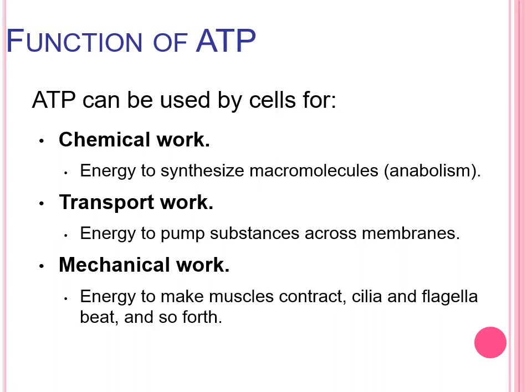The cilia are going to be involved in absorbing nutrients, for example, in the intestines, and so these are associated with moving and doing some type of physical work, and so that falls under the category of mechanical work. So you need to be familiar with the three types of work that the cells can do. All three types of this work are considered to be powered by ATP.